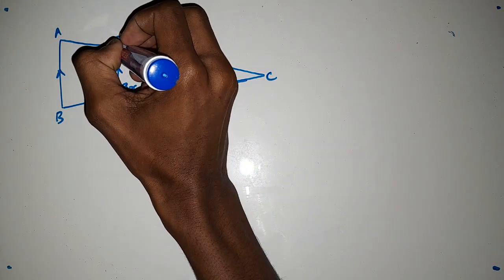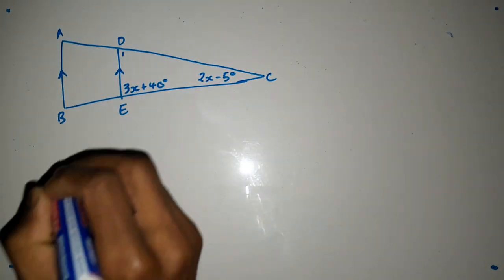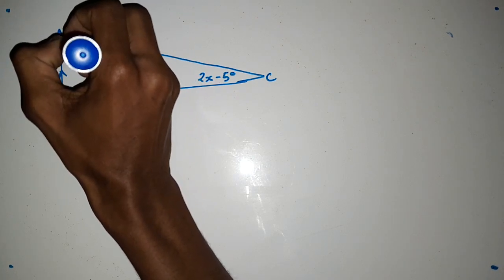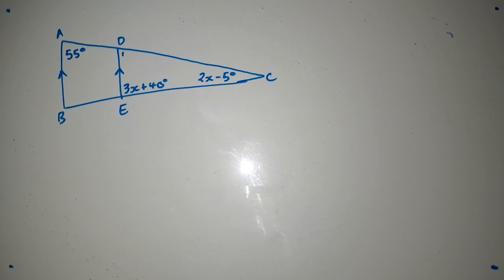Let me say this one is D1. Then we have 55 degrees. Then I ask you this question now to say, determine the value of x.